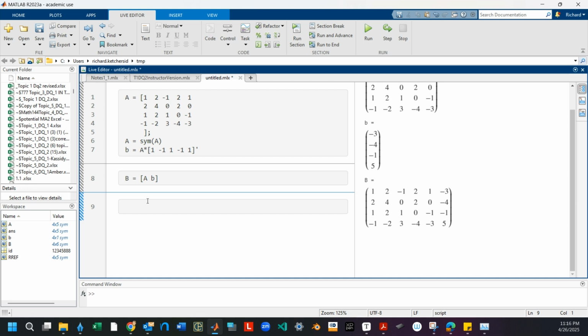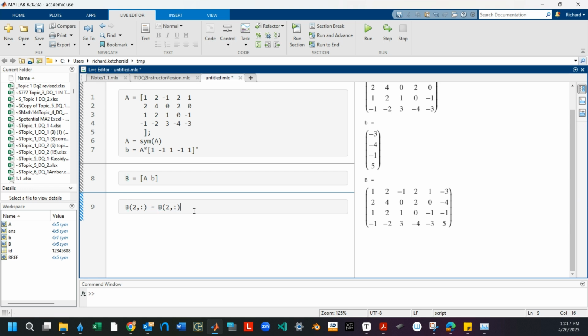I'm going to say B, so this is this augmented matrix. Let's see, it's been a while since I've done this. B2, because I'm looking at that row and everything in that row, is going to be equal to, and this is actually going to change what it is, B2.